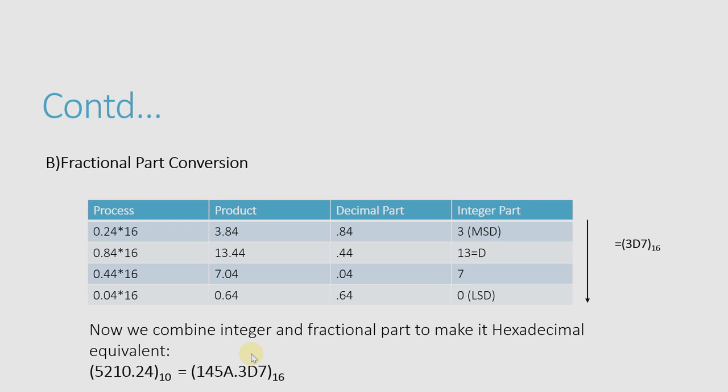And then we will write the integer parts from upward to downward direction. After that we will combine both integer and fractional parts as a single string to make it the equivalent in the other base system. So this is the summary of how to convert a decimal number to other base numbers.